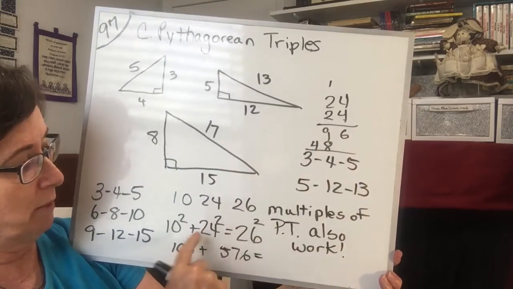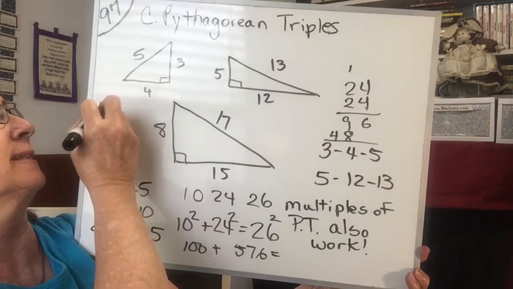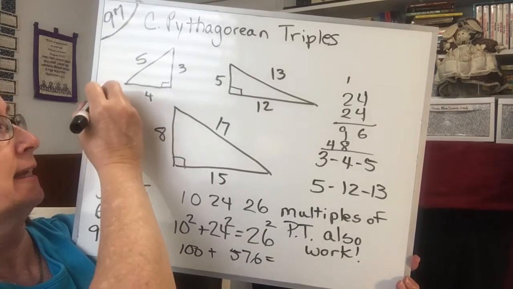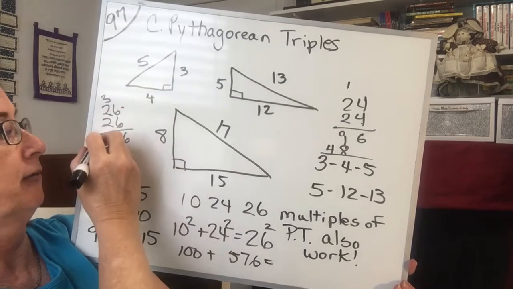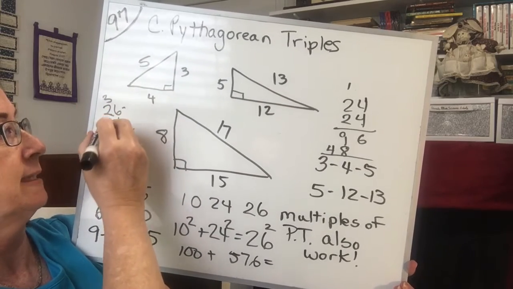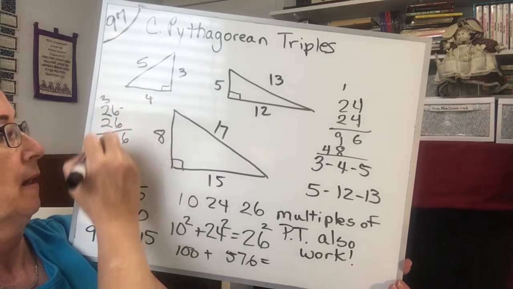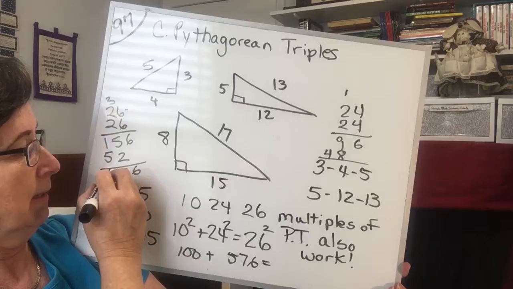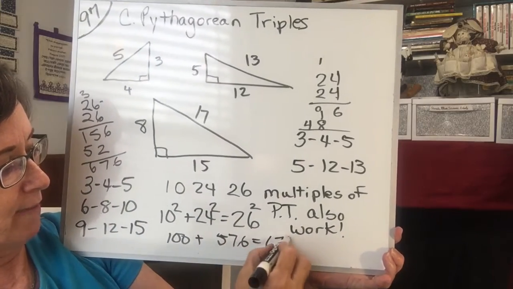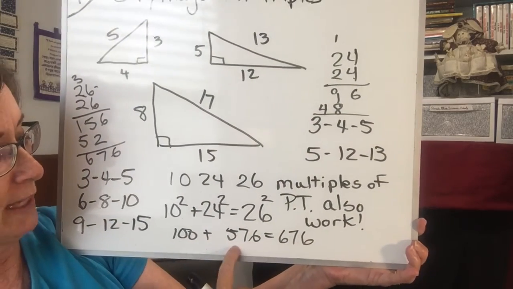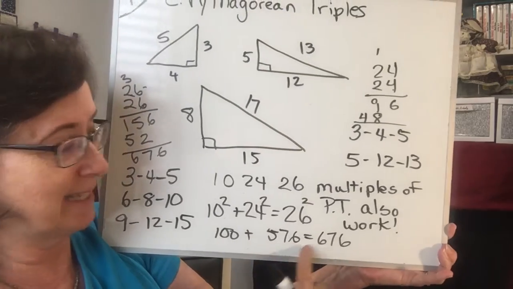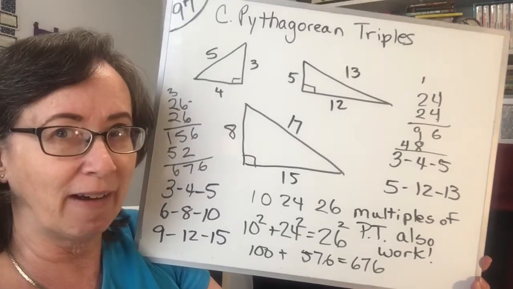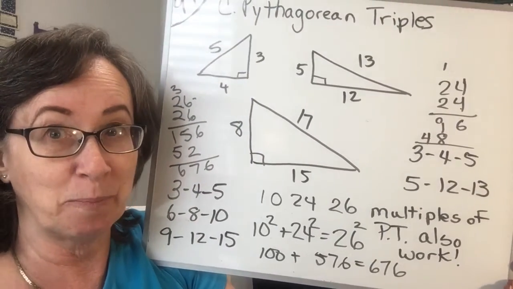Now I'm going to multiply 26 by 26. 6 times 6 is 36. 26 times 2 is 52. That gives 676. 100 plus 576 is 676, isn't it? Pythagorean triples are very, very handy to have in your back pocket.